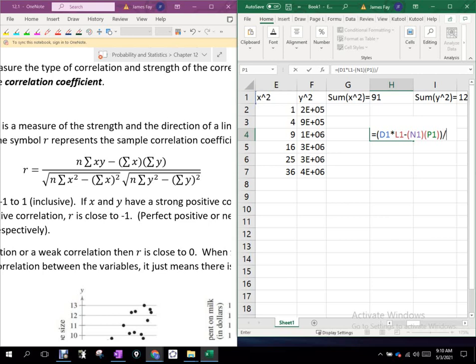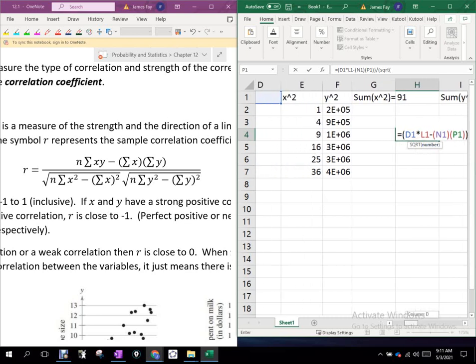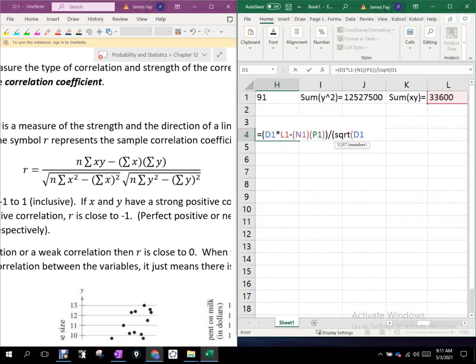And now I'm going to hit divide. Okay. And I'll open another parenthesis. We'll type in the command SQRT, which stands for square root. And now I need a number. Okay, so the number is going to be n, which was D1, times the sum of x squared.